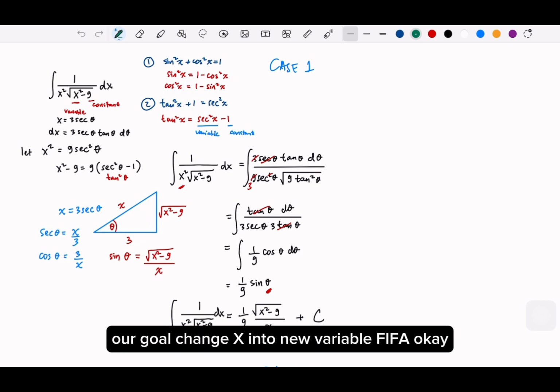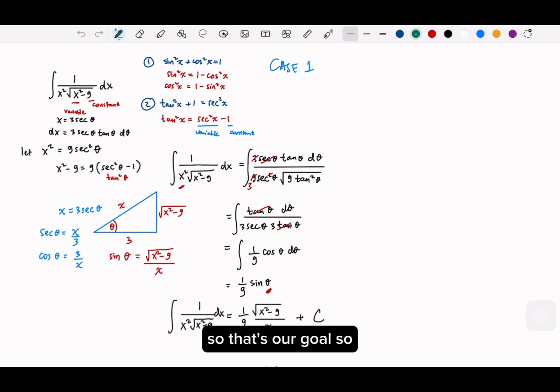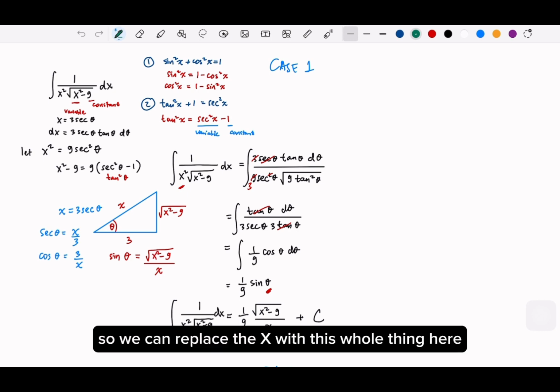Our goal is to change x into the new variable theta. So we let the derivative become dx equals 3 secant theta tangent theta d theta, and we can replace x with this whole thing.